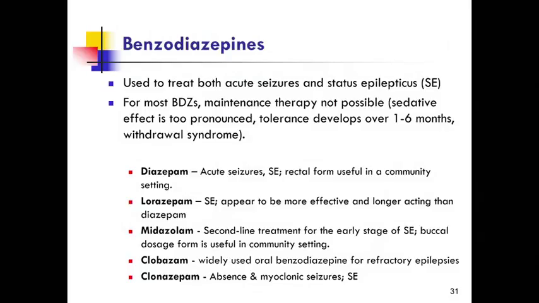Benzodiazepines. They are normally used to treat prolonged acute status epilepticus. Okay? They are not normally used for long-term treatment of epilepsy, except for clobazam and clonazepam. The reason is simple.